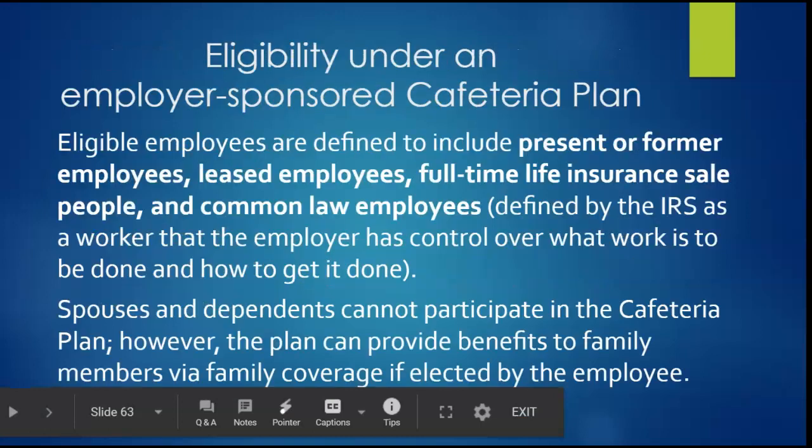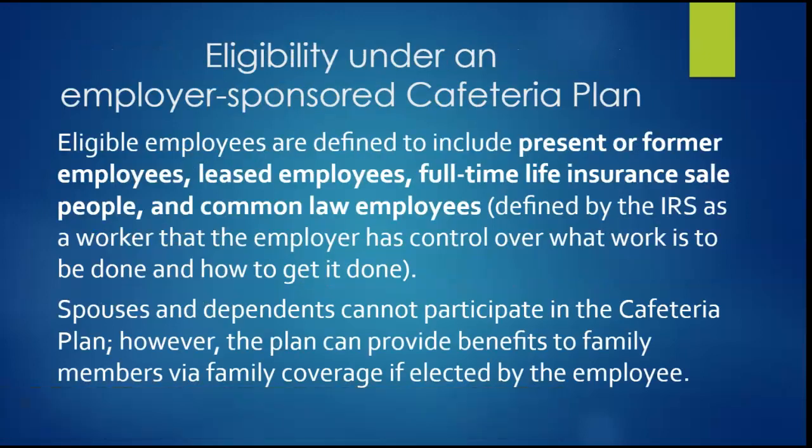So you may say, well, what are eligible employees? Eligible employees would include present or former employees, leased employees, and I've never heard of leased employees until now, full-time life insurance salespeople, common law employees, whoever the IRS defines as an employee could be an employee. Spouses and dependents can't necessarily participate in the cafeteria plan. However, the plan can be providing benefits to the family if it's elected by the employee.